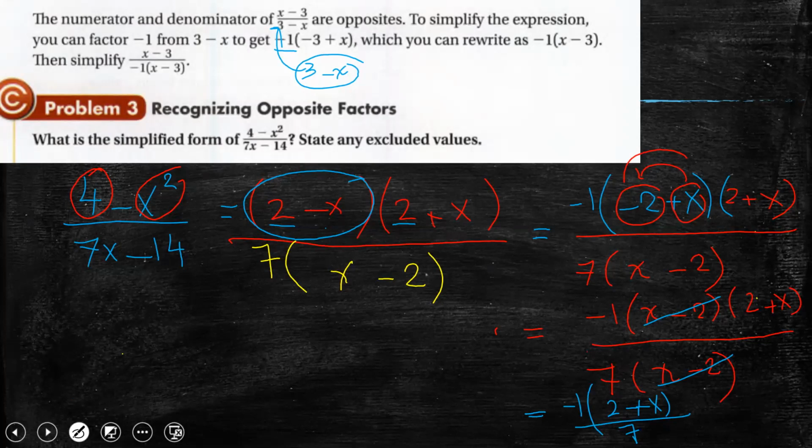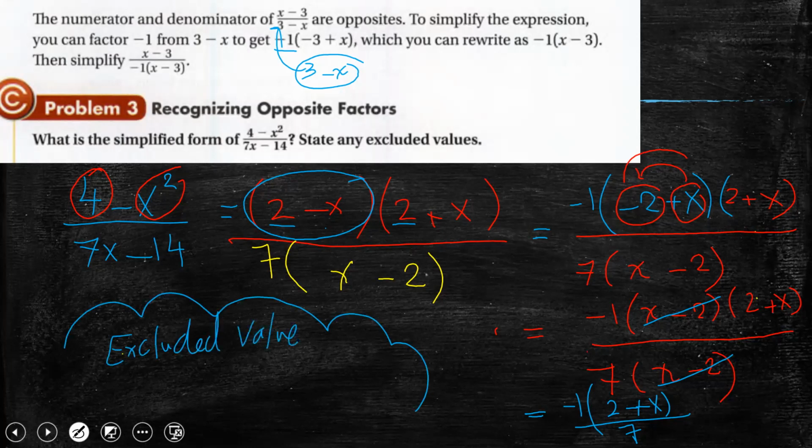Teacher, why didn't you distribute the negative 1 over the brackets 2 plus x? Teacher, I must distribute negative 1 on both terms, 2 and x. Yeah, but I don't want you to get confused or make a mistake. Keep it like this.